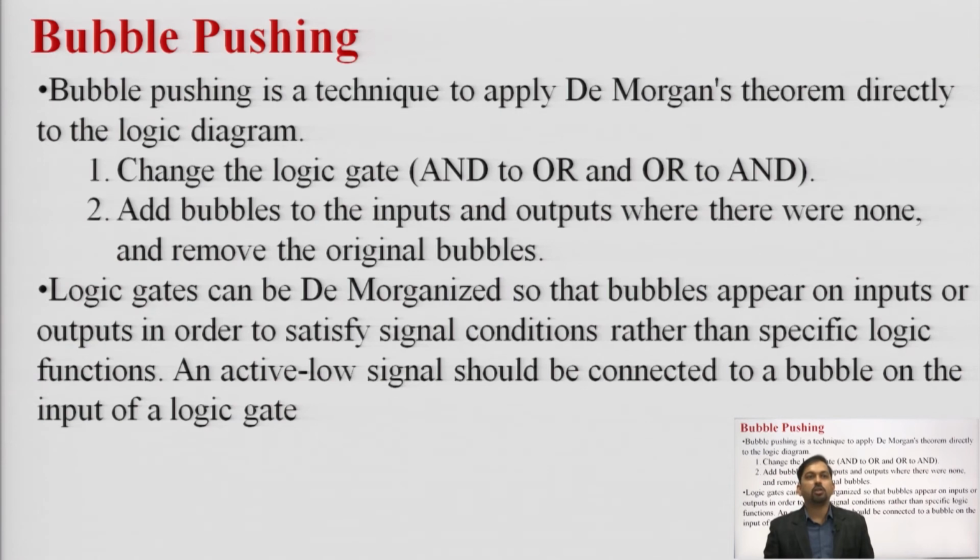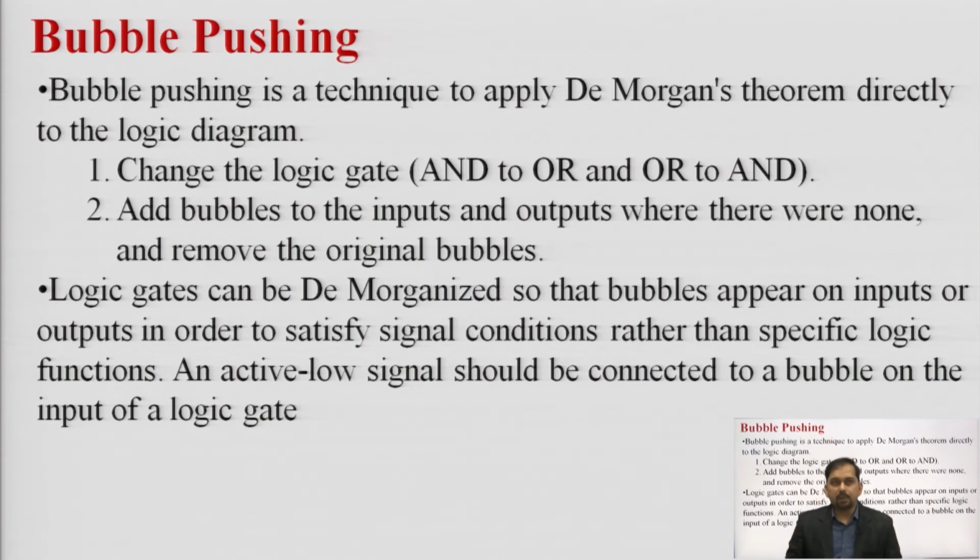So change the logic gate AND to OR and OR to AND. After that, add a bubble to the input and the output where there was none and remove the original bubble. We can use this technique to convert a logic into NAND or NOR logic.